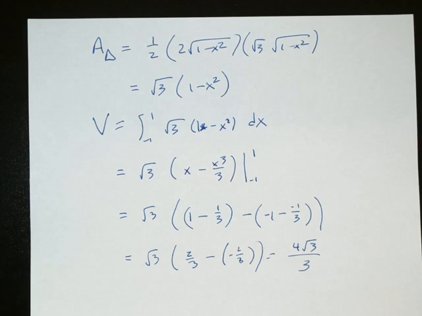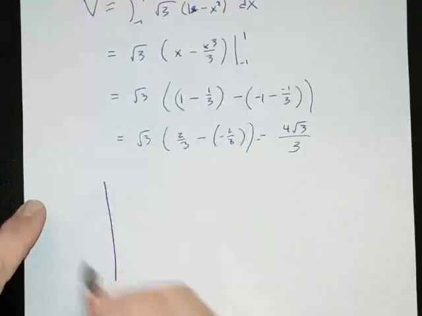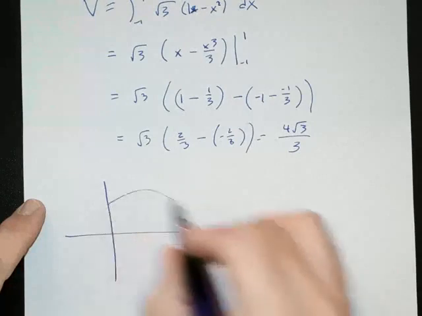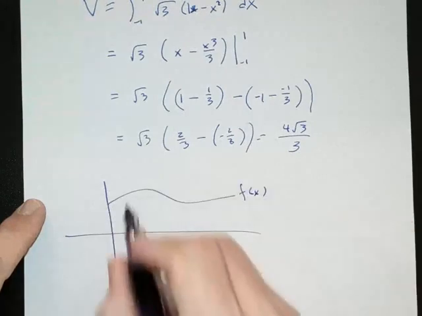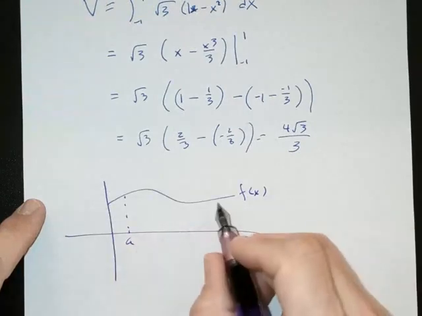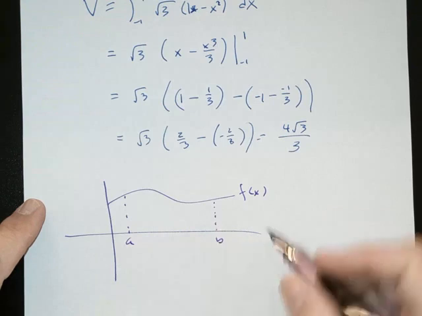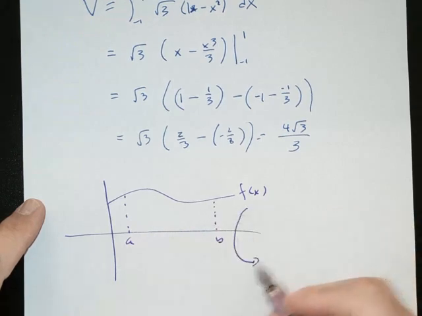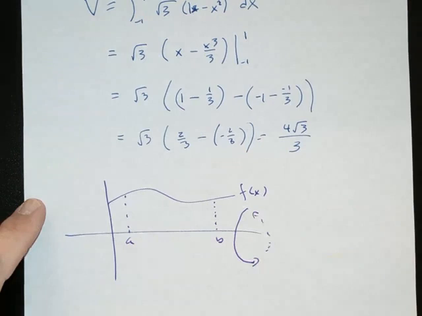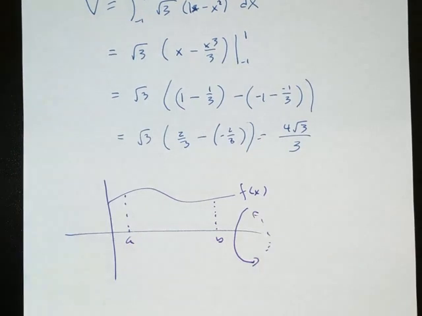I want to do that. I want to take a curve, f of x, and I want to rotate this around the x-axis. Now, I can actually physically do that with this object.